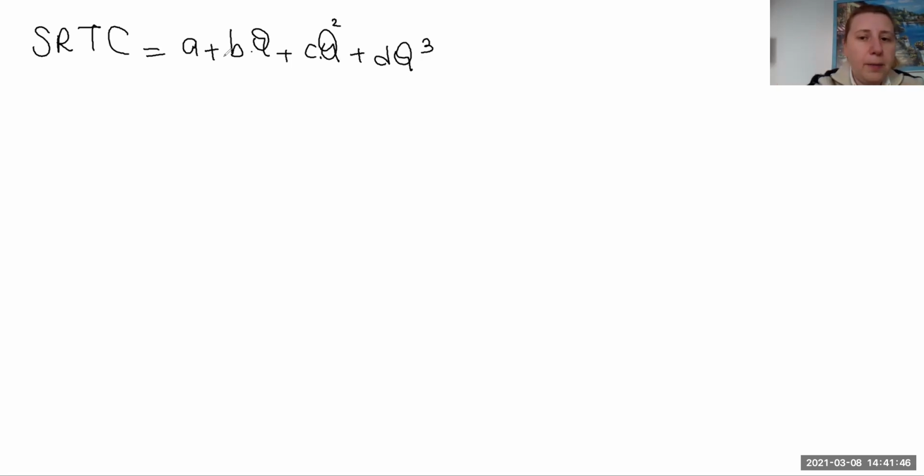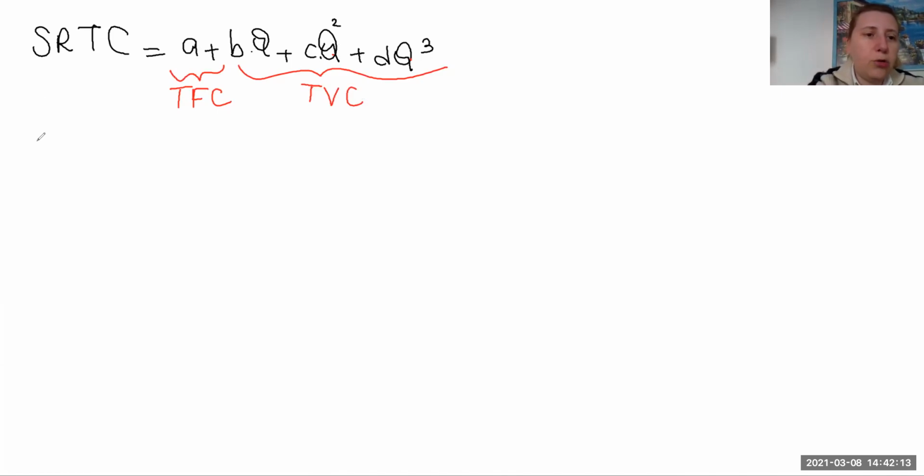Yes, exactly. A, which is independent from Q, is the total fixed cost of the production, and the remaining part, which is dependent on the level of output Q, is the total variable cost.